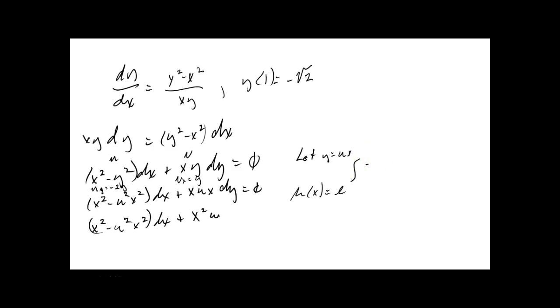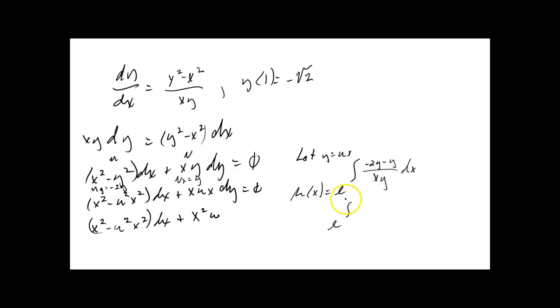Okay, number 13 is mu of x equals e to the minus, and your M sub y was minus 2y minus y, because it's minus N sub x, which is just y. And divide that by N, which is xy, dx. Yeah, I think that'll work out pretty nicely.